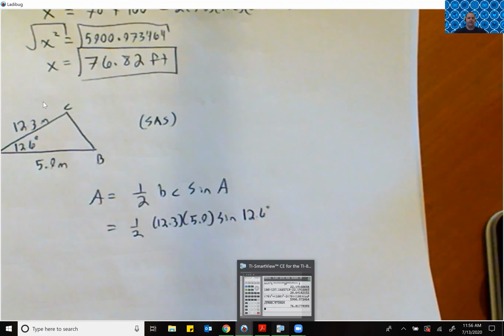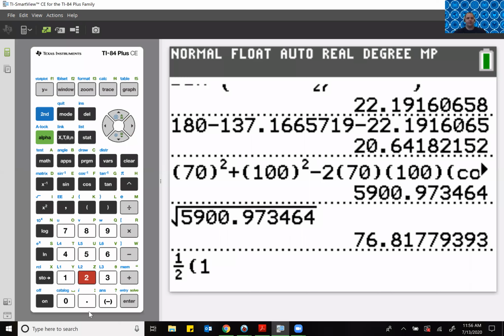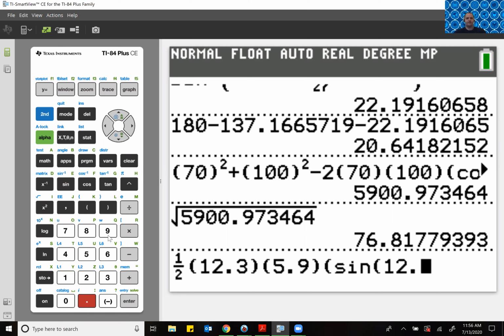So 1/2 parenthesis 12.3 times 5.9 sine 12.6.